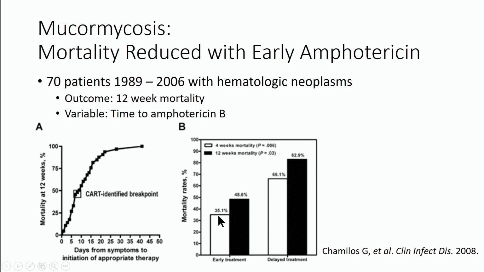So at 4 weeks, it's about 35% mortality, about 49% at 12 weeks, and that's in the appropriately treated group where amphotericin started early. It gets up to the 80% range at 12 weeks if you don't start it in time.